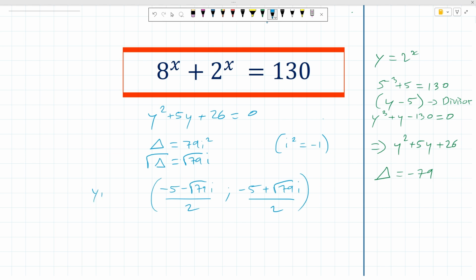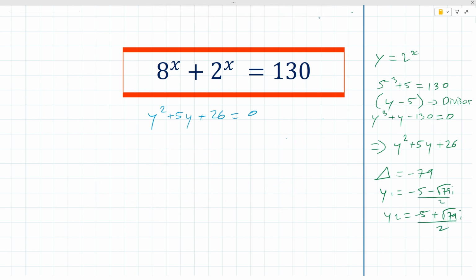And so we can say that this is for y1 and y2. So we do have a solution set here with two solutions. So writing our solutions on the side, y1 is minus 5 minus the square root of 79i, and y2 is equal to minus 5 plus the square root of 79i.